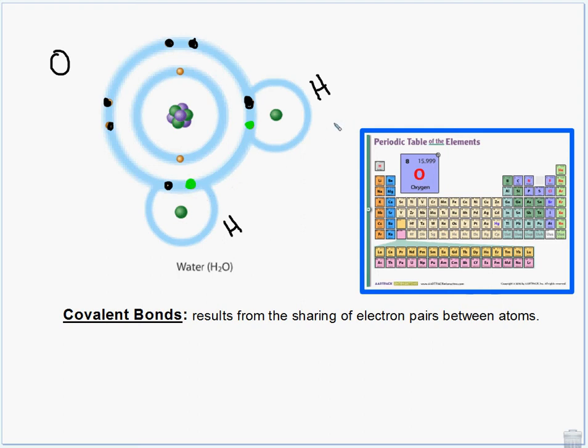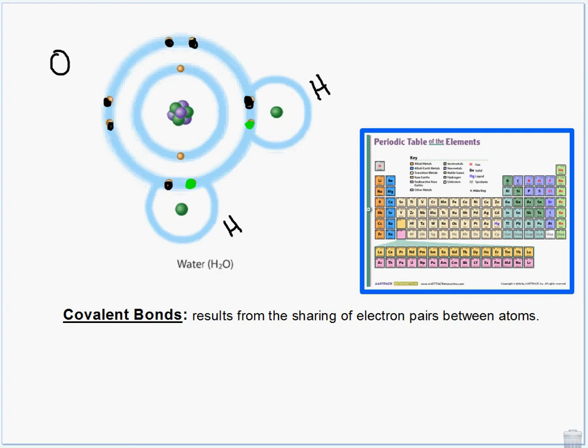Now they still want to be like the noble gases and have 8 electrons in their outermost shell. So in this case, they've all gotten together and they're sharing those electrons. Now oxygen has 1, 2, 3, 4, 5, 6, 7, 8 electrons.